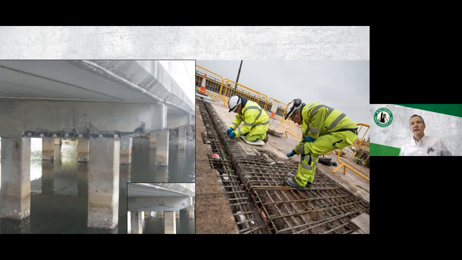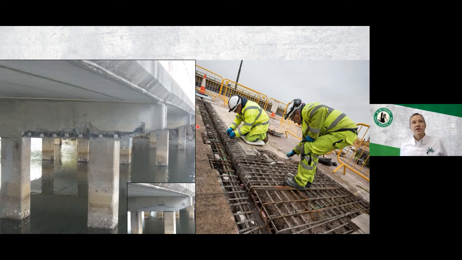And on the right, this is a bridge in the UK where they're doing concrete repairs, and galvanic anodes are installed along the interface between where the new concrete is going to be and where the existing chloride contaminated concrete is remaining. And we're going to talk about how to design, and what size of anodes and spacing and whatever would be appropriate in different situations in a bit.